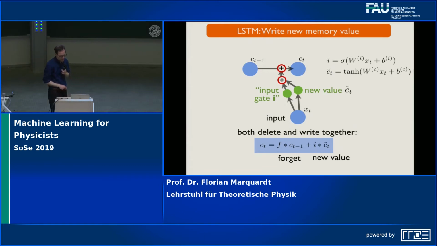Okay. Now this was just deleting. Now the next thing is writing, and then of course there will be reading. If I want to write a new memory value, then not only do I have to decide whether I want to write, but I also have to decide what should be the new value.